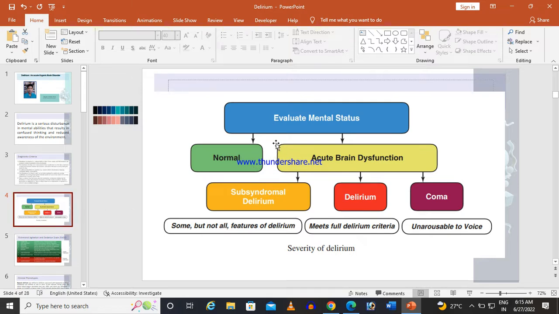So this is how to evaluate, or how you can tell the severity of delirium. First you evaluate the mental status. It may be normal, or there is a brain dysfunction. So this may be a subsyndromal delirium, or it's a delirium or coma.